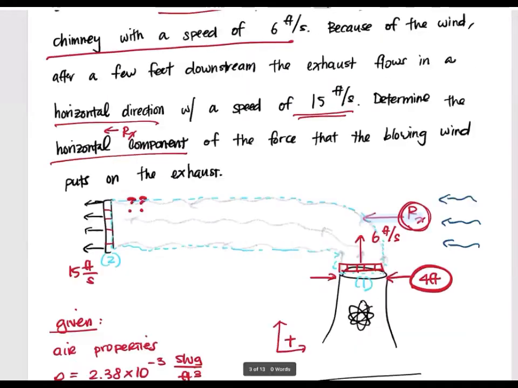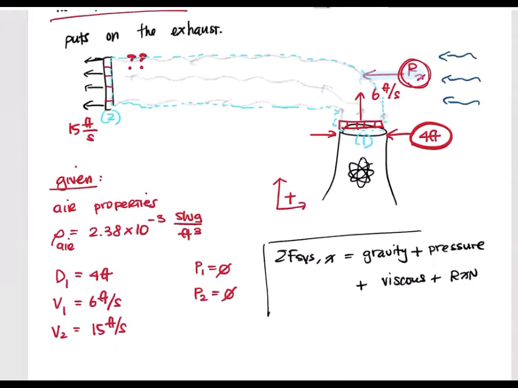We actually don't have any weight to consider, so gravity goes away. Since we're dealing with open atmosphere, P1 and P2 are 0, so we have no pressure forces. We are not dealing with friction because we're in a completely open system, so we have no viscous effects. That means the only force we need to consider is our reaction force.